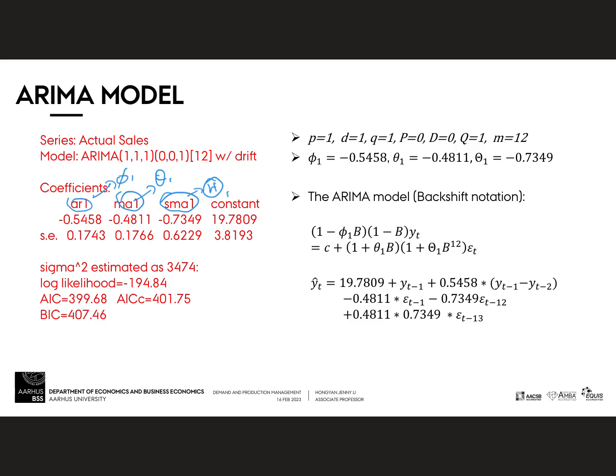So this is how we estimate the coefficient for the seasonality. And then this with drift means your model includes a constant. So this is a constant value. We can directly use a backshift notation.